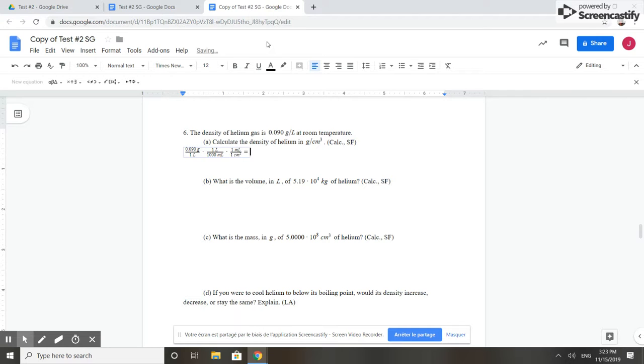And then from here, it's just division. You didn't have to put it into scientific notation, but it did need to have two sig figs.